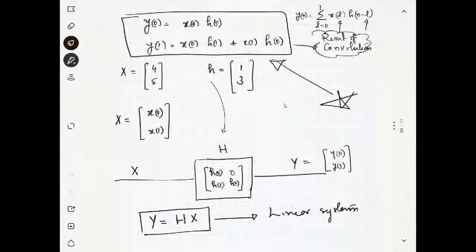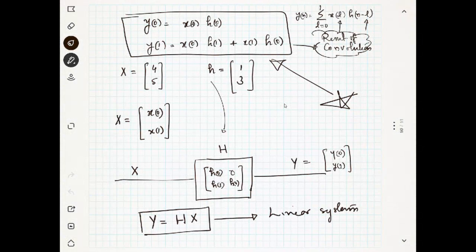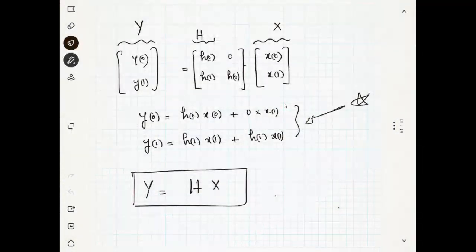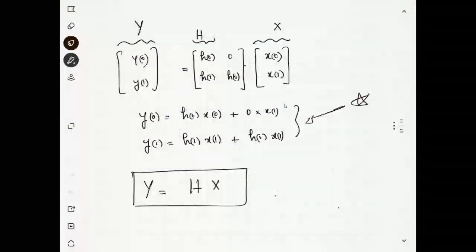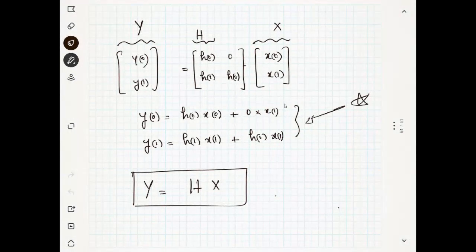Let me check. Okay, sorry, this is 0, and that is h1 into x0 plus h0 into x1, same equation. You can verify this because I made a mistake here. So you can see here this will be the same.